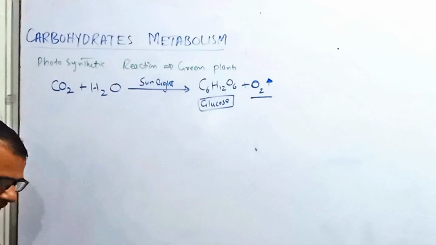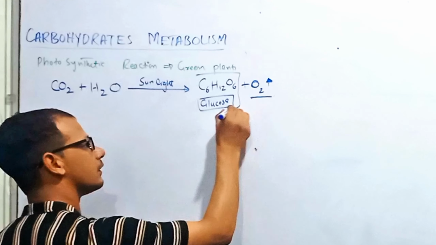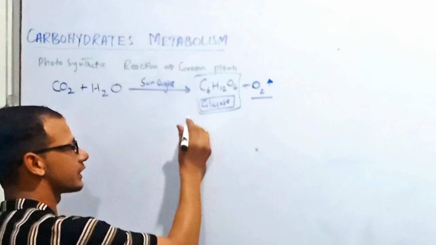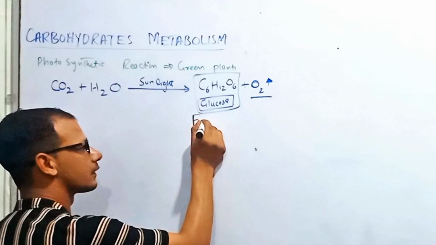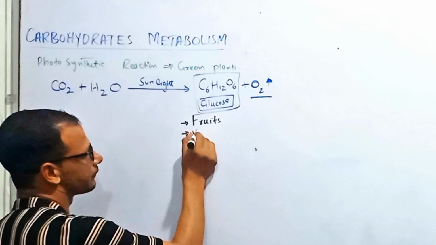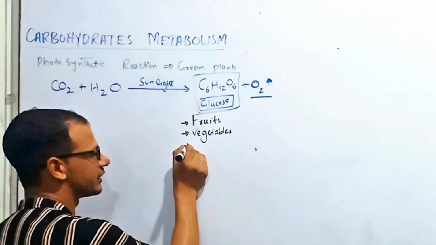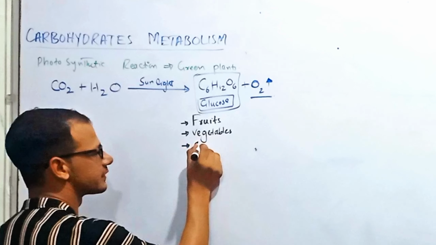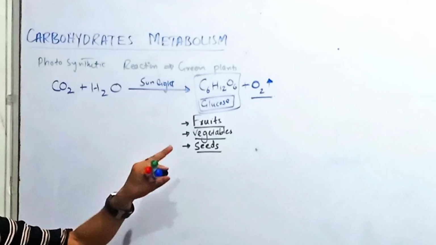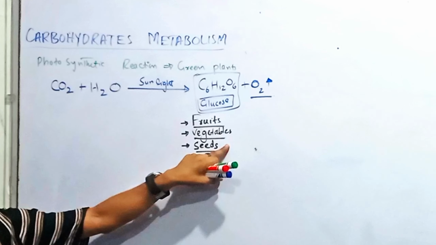Now this glucose will be stored in fruits. Also it is stored in vegetables, and also in seeds. Human beings feed on fruits, vegetables and seeds.